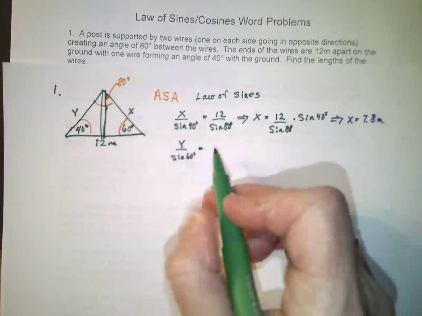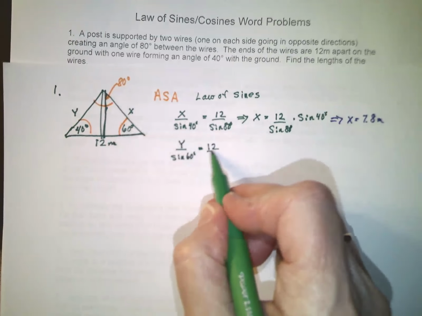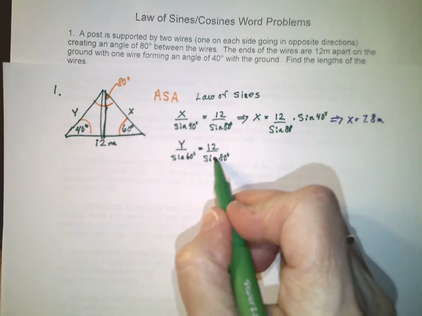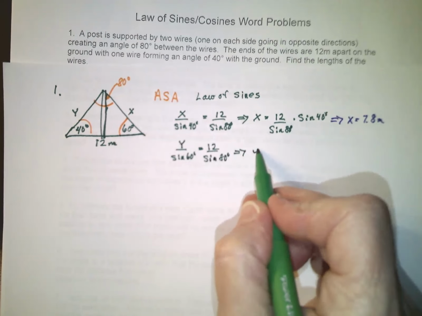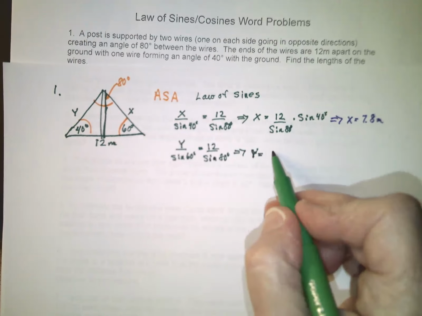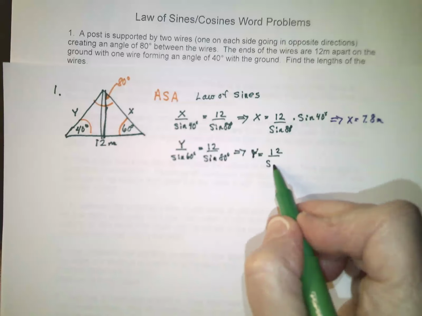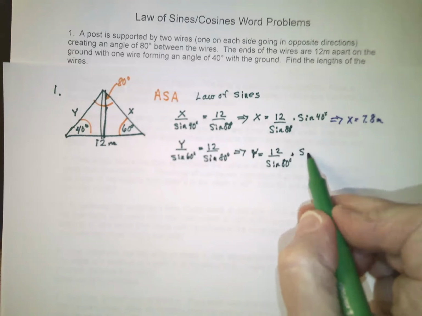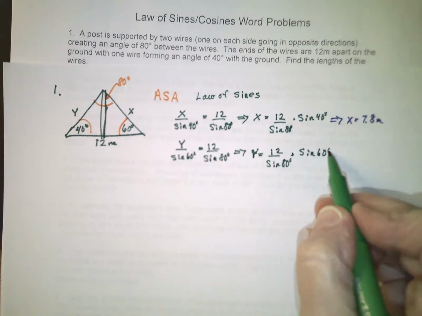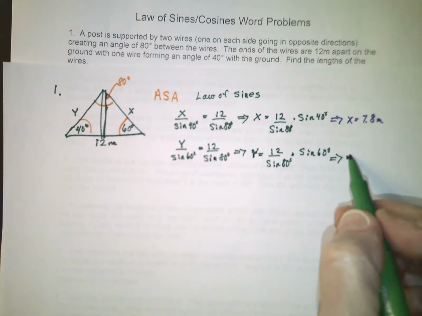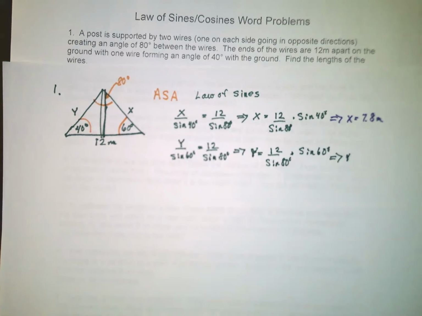I'm going to keep with the original 12 and 80. So we do have a problem very similar to what we had before. 12 divided by the sine of 80 degrees times the sine of 60 degrees should give us the length of the other wire.